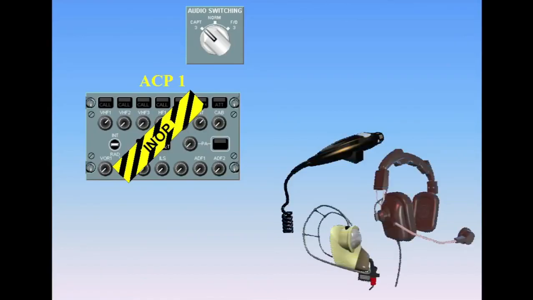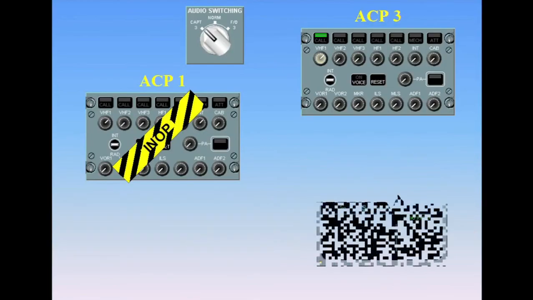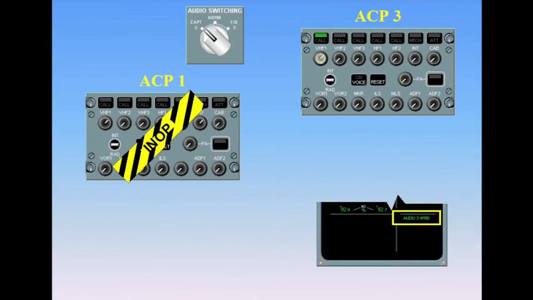The captain's boom set, oxygen mask, and hand mic transmission and reception functions are now controlled through ACP3. The Audio 3 transferred message appears on the engine warning display to indicate that an audio switching selection has been made.